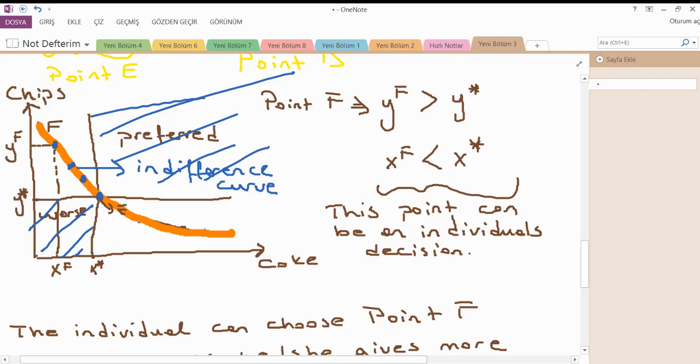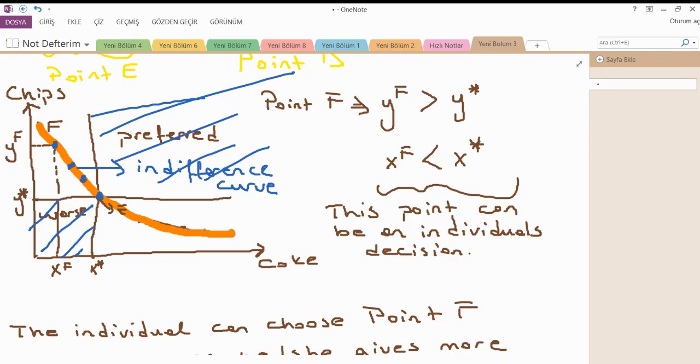How is he going to choose the point at which he's going to consume chips and coke? You will understand it when I introduce this indifference curve graph and our budget constraint, because the price of the chips and the price of the coke will be important in this choice.